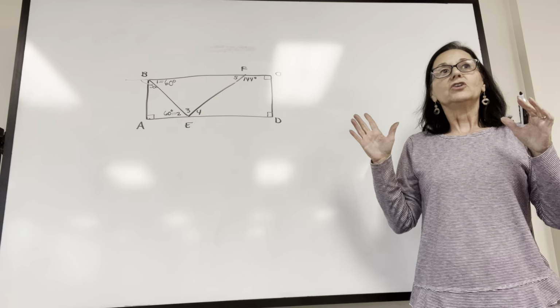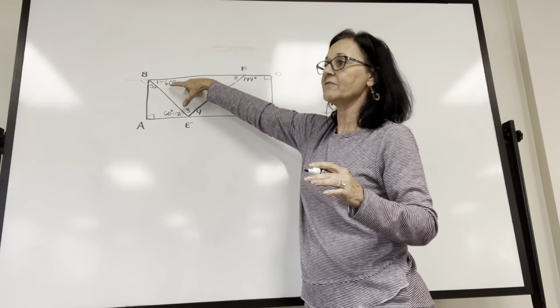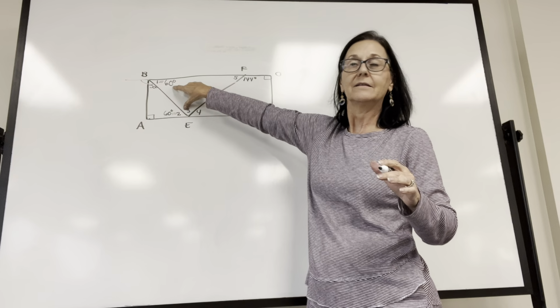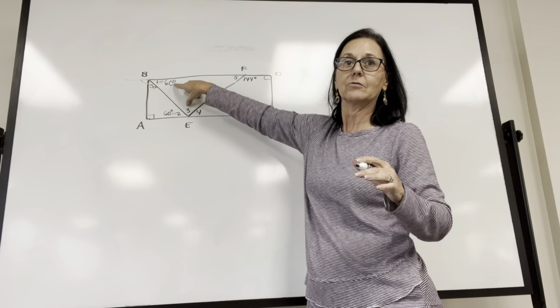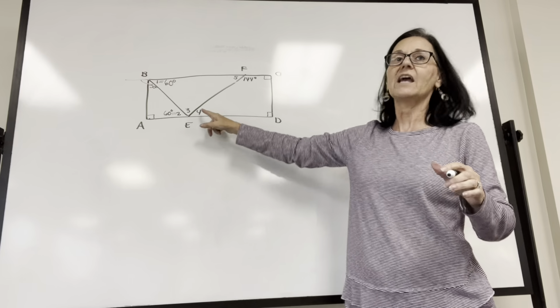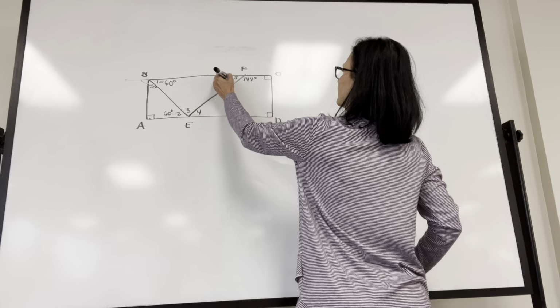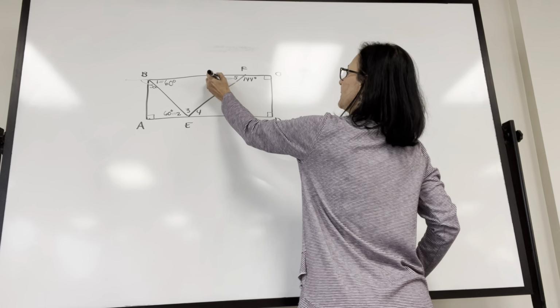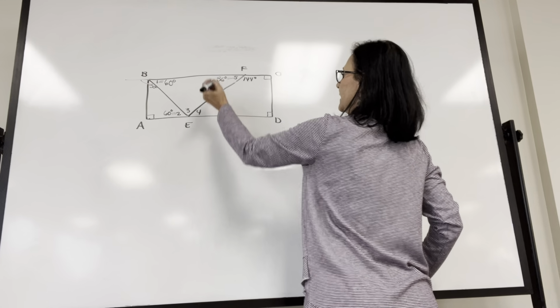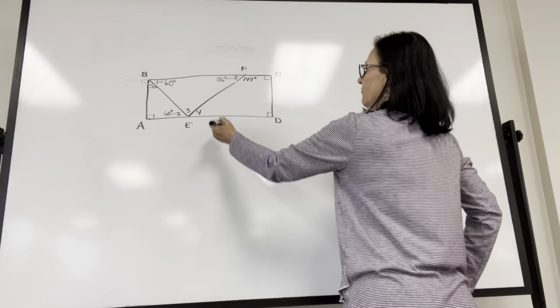Okay, but into 4, so 144 has to equal the sum of 60 and angle 3. So what is that? All right, first of all, what did we say 4 was? What did we say 5 was? 5 was 36. It has to be 180, so it's 36. So that makes 4 equal 36.